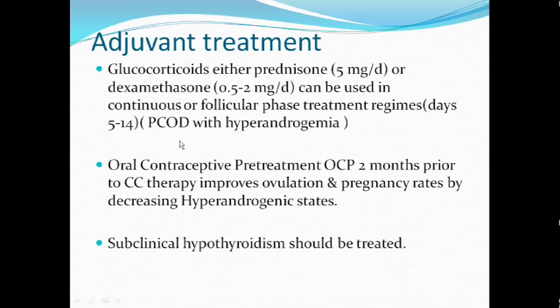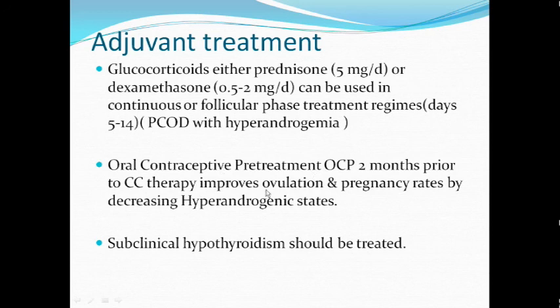If it is a case of PCOS with hyperandrogenemia, you can use a glucocorticoid like prednisolone 5 mg per day or dexamethasone 0.5 to 2 mg per day, in continuous or follicular phase treatment. Again in case of hyperandrogenemia, OCP can be given prior to the clomiphene citrate therapy.